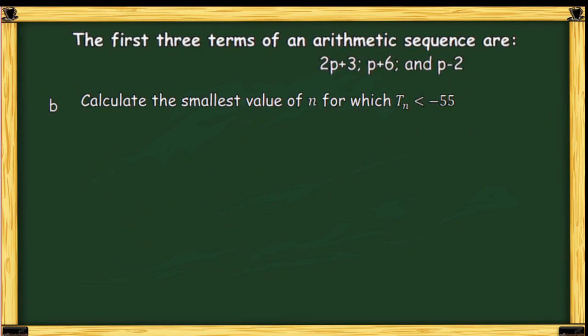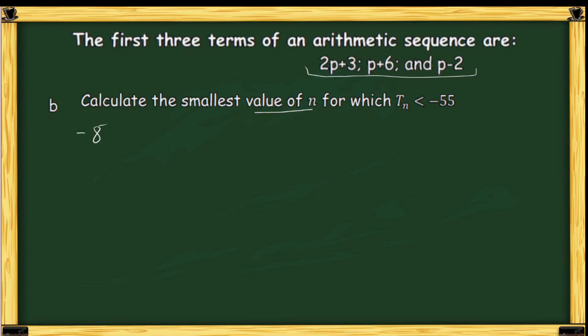Calculate the smallest value of n for which the general term is less than negative 55. Now remember, it's b, so it is still related to the sequence we got over there. Now we can see over here that the common difference, if we punch in that 11, is going to be minus 8.